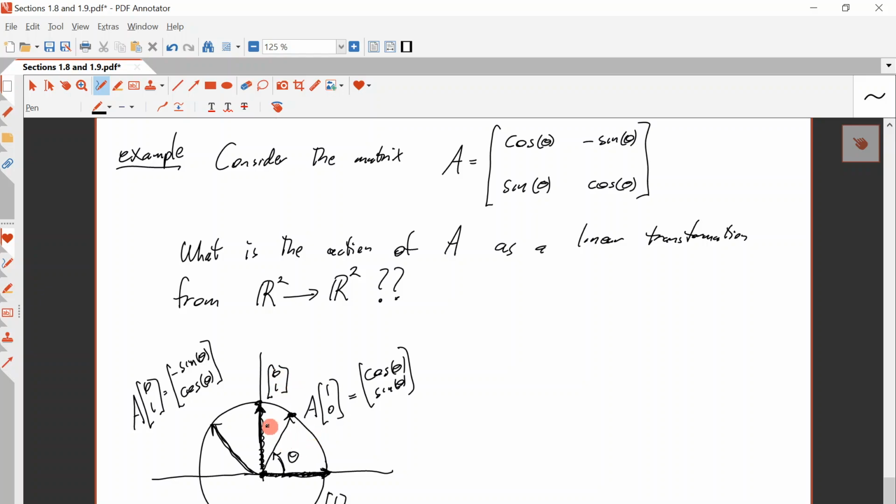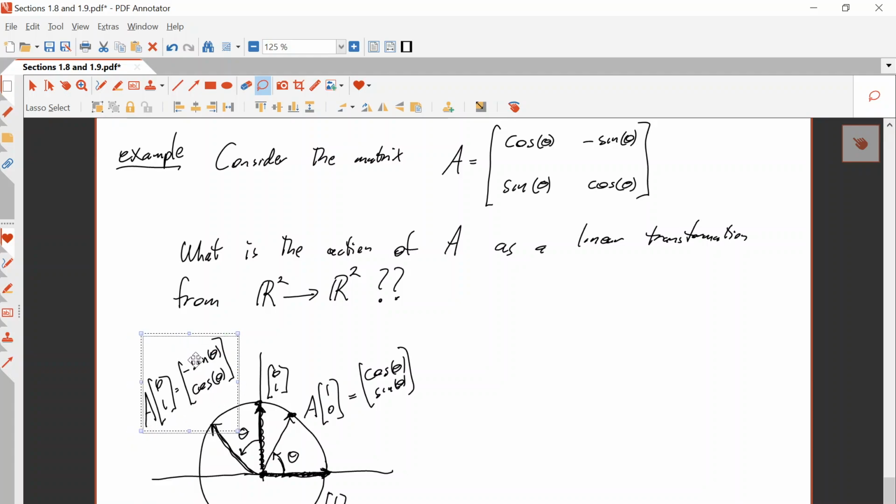This is the vector A(0, 1): minus sine theta for the x coordinate, cosine theta for the y coordinate. So you have to think a little bit about what the definitions of sine and cosine are, how it switches the x and y coordinates and such.